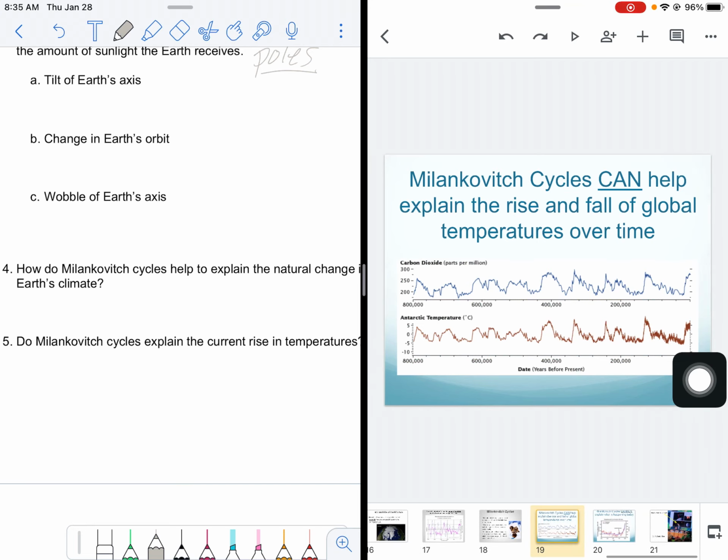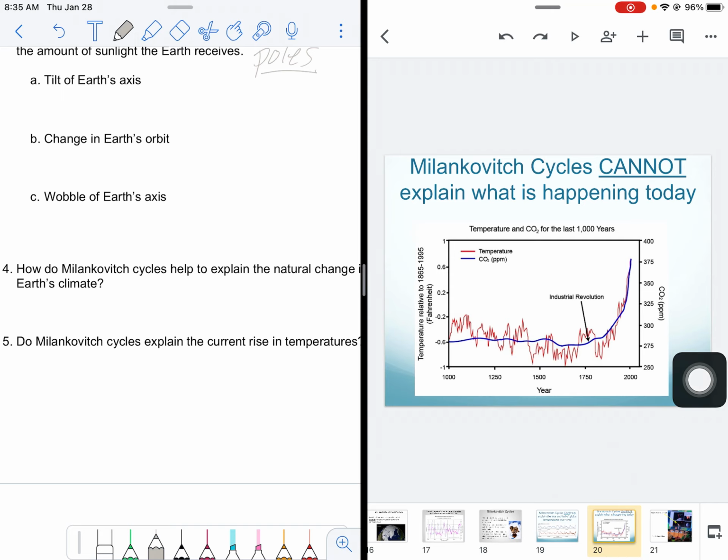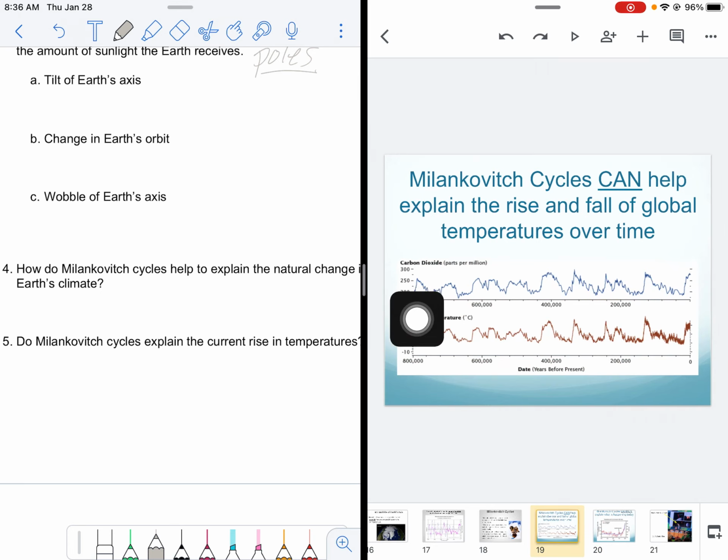Now, can Milankovitch cycles explain what we're seeing today? Again, what we're seeing today is this temperature increasing and CO2 increasing. Currently, those levels are higher than we've ever seen before, right? The graph we looked at in the past went up to 400 parts per million, and we know in the past that CO2 kind of maxed out at 300.